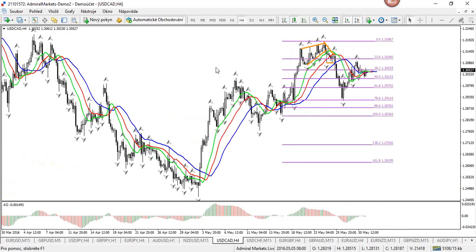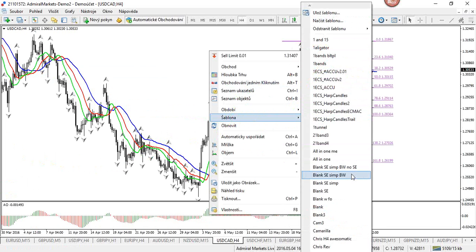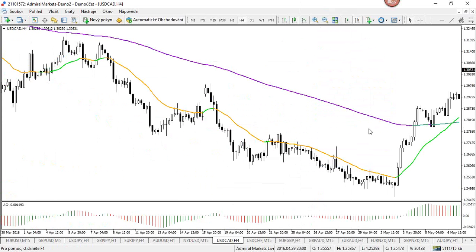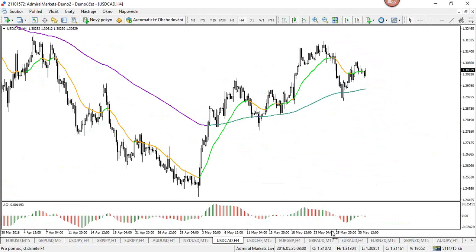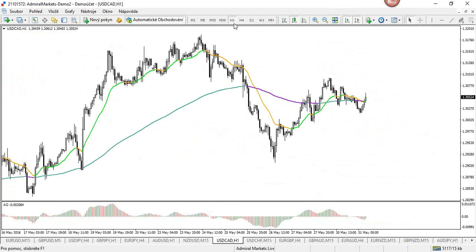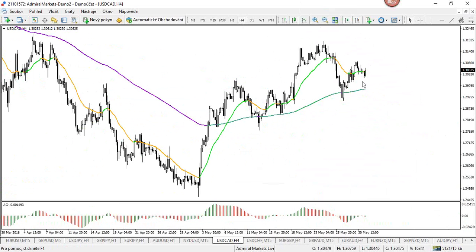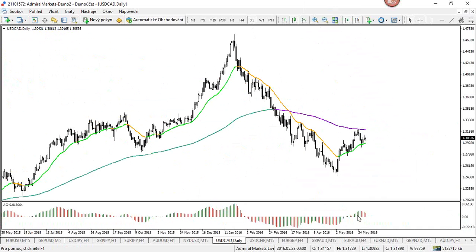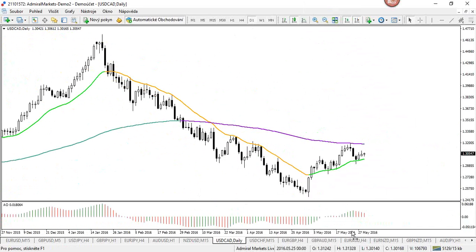All right, dollar CAD. Well, there's been some good upside, I think, recently. Good recovery, but still, it's not particularly.